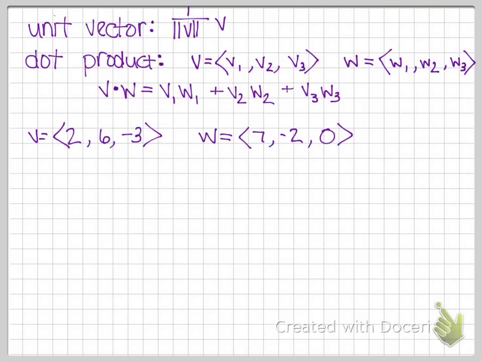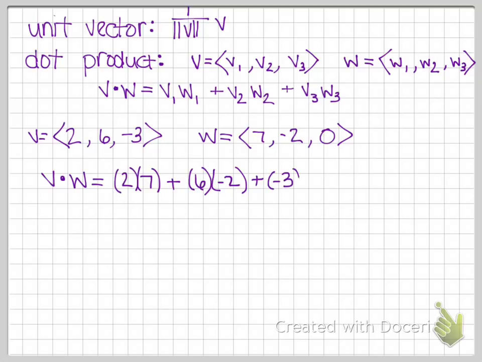If we want to take v dot w, we will take 2 times 7 plus 6 times negative 2 plus negative 3 times 0.